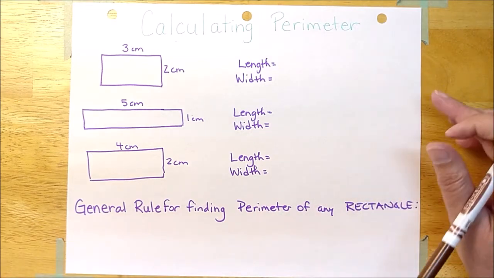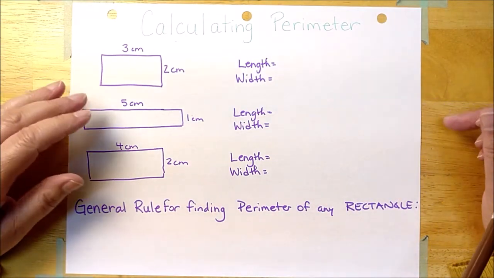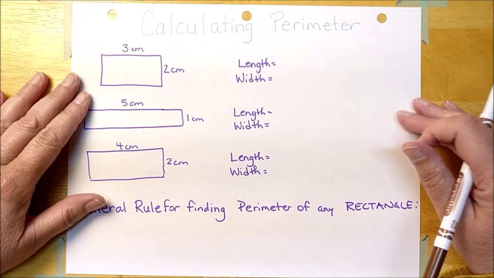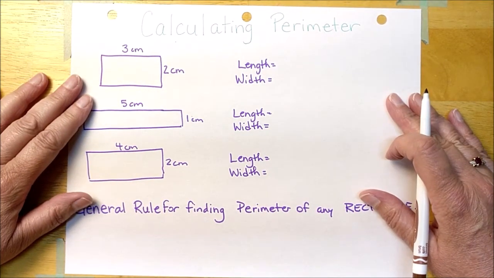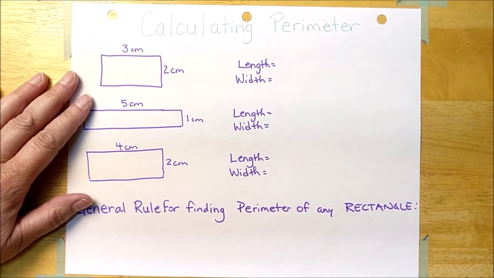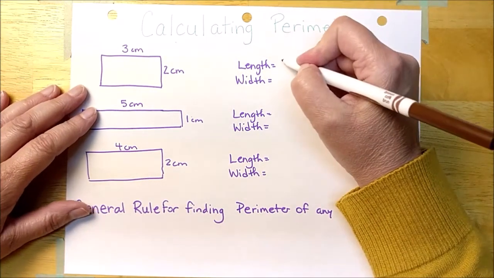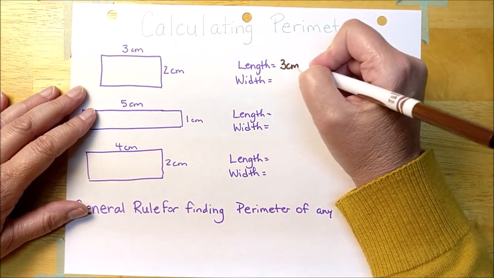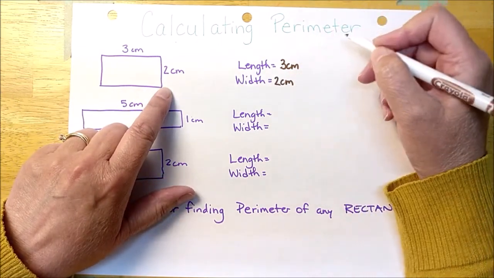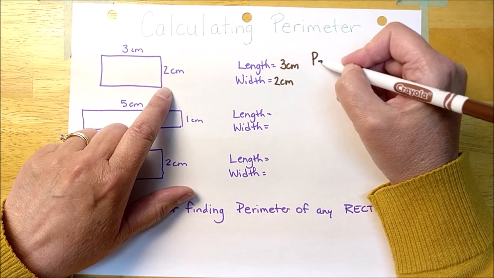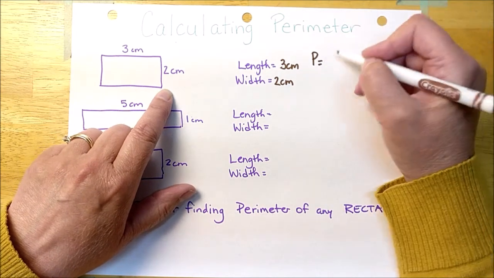So now we are going to write an expression that allows us to show the perimeter. So our length is 3 centimeters on this one, and our width is 2 centimeters. So if we wanted to figure out the perimeter, what would we do?